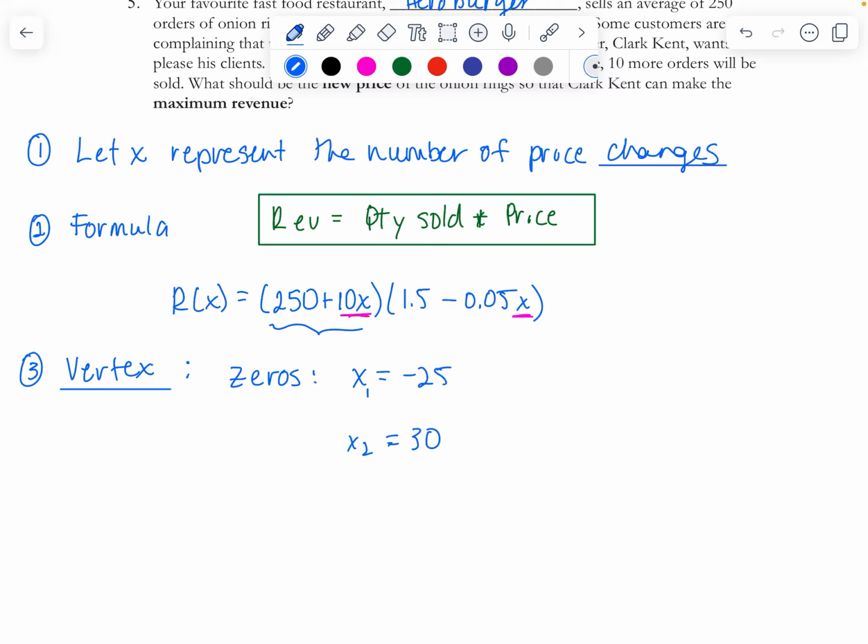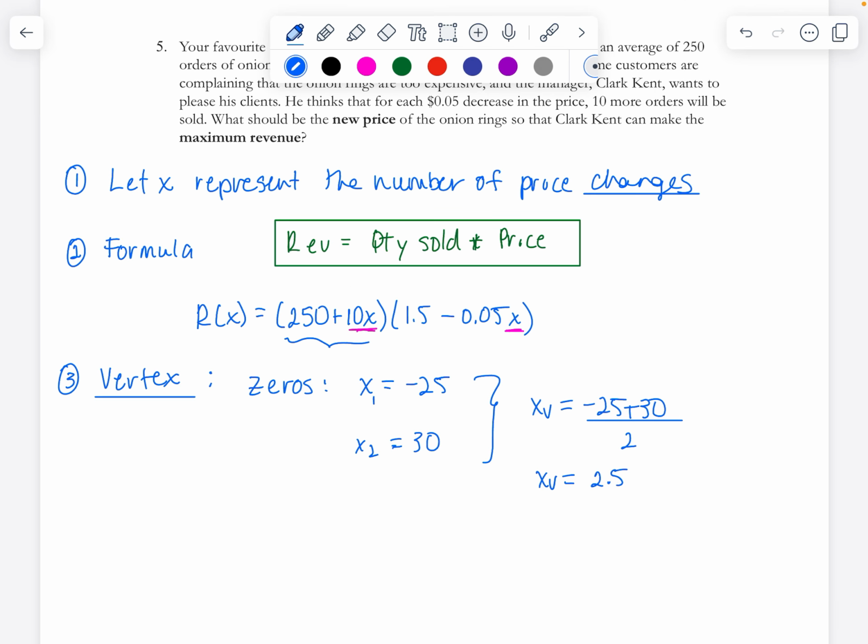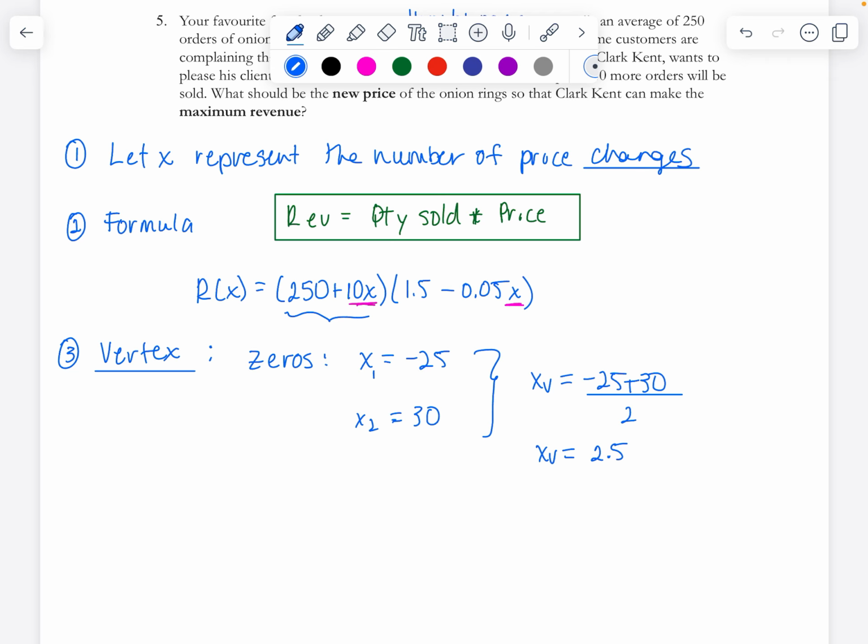Okay, so from here to find the axis of symmetry, I add and divide by 2. So I know my axis of symmetry will be 2.5. So what that means is I change my price 2.5 times. I'll add 2.5 orders of 10 and subtract 2.5 nickels from the price. Sounds a bit weird, but we can round these things as well.